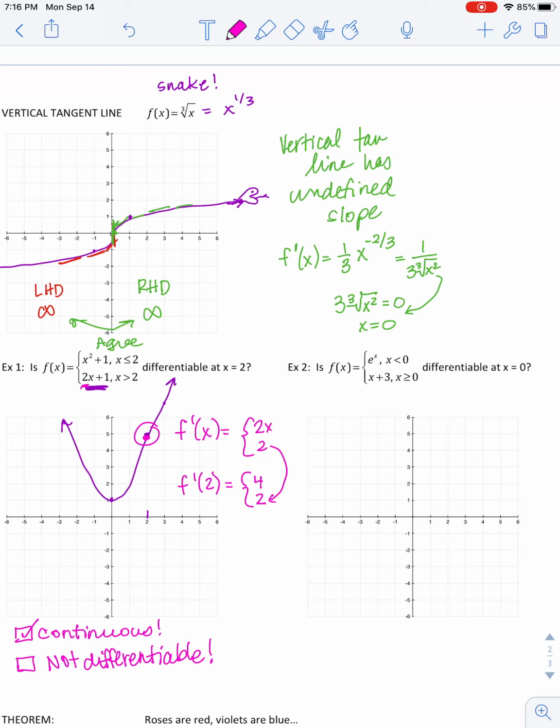Okay, and then let's look at this case over here, example 2. We have e to the x graphed less than 0, and then x plus 3. So we're going to check the same two boxes. Is it continuous? Is it differentiable? Right, so e to the x, probably been a long time since you graphed that, kind of looks like this, right? It's an exponential function.